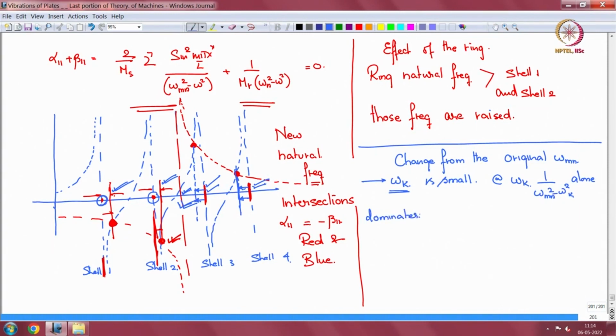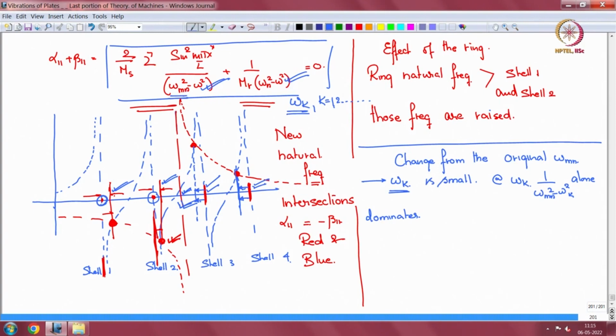This equation here has many solutions for this omega, which are omega k's, with k running from 1 onwards. If it so happens that the ring is not a very strong stiffener, doesn't influence very strongly, then omega k is going to be close to omega mn.